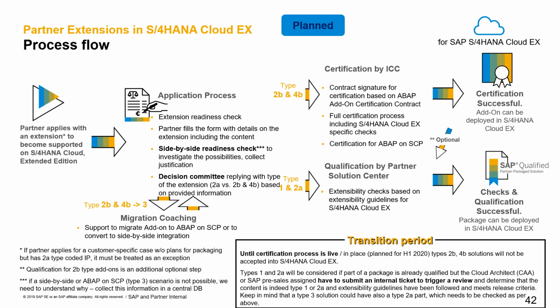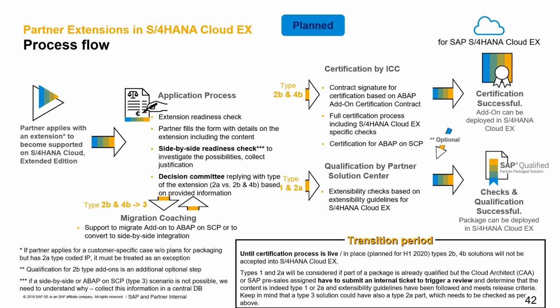Here we see the planned process for where we take your solution, whether it's a simple extension or a more complex ABAP add-on, and we take you through the application process, and then from there, we'll direct you into a certification process or a qualification process. We then determine whether your application meets the requirements as laid out in the extensibility guide, plus some additional qualification and technical checklists that we'll ask you to use against your add-on or extension.